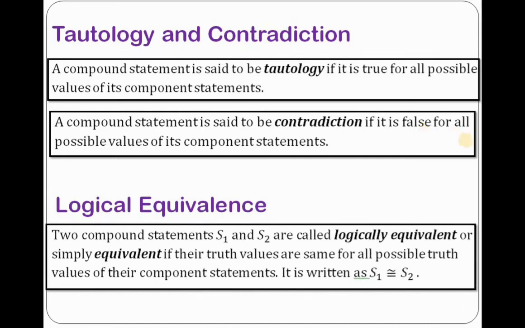All right, so for example, S1 and S2, if they are two compound statements and they are logically equivalent, then we use this symbol in order to say that S1 and S2 are equivalent to each other. All right, so this is all about the definition.